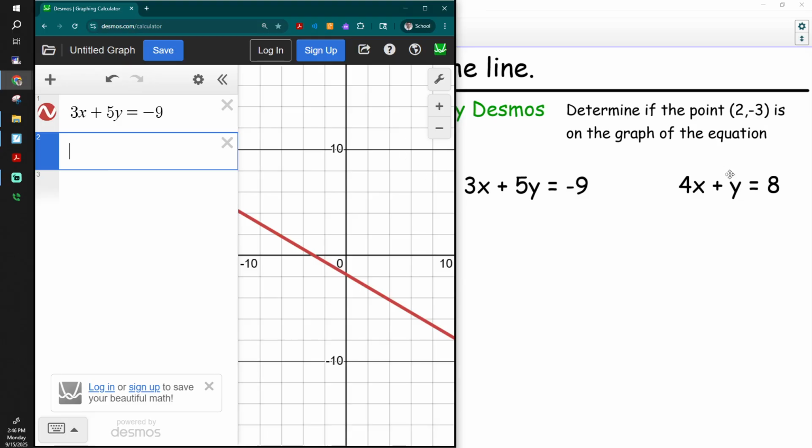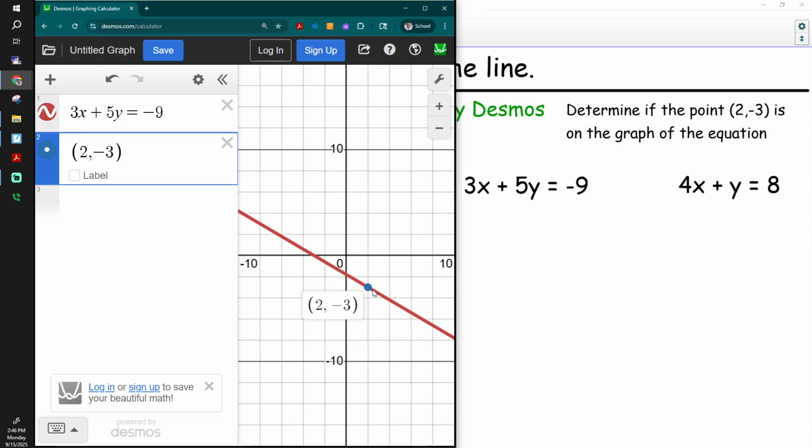Now I need to plot the point. The point is (2, -3). See how I plotted the point? I just typed it in. There's my equation. Here's my point. Now look at your graph. Is the point on the line?